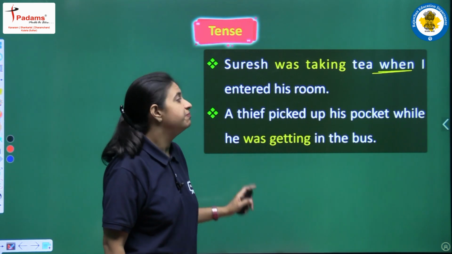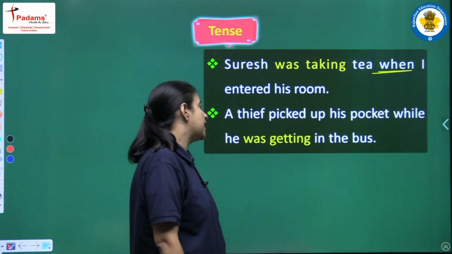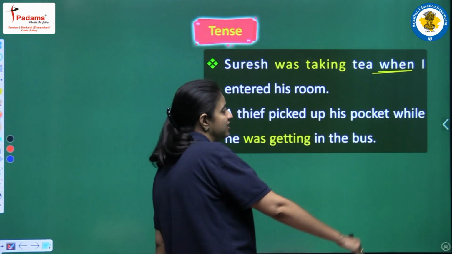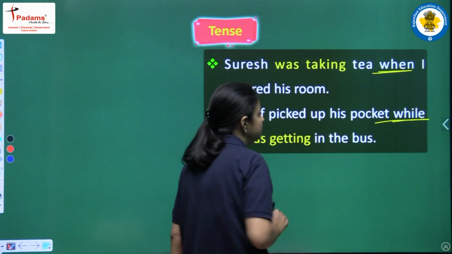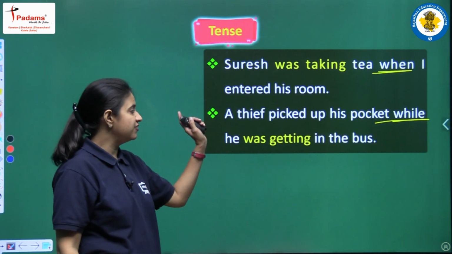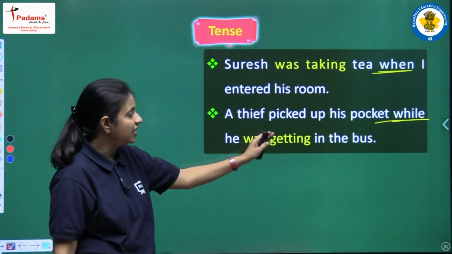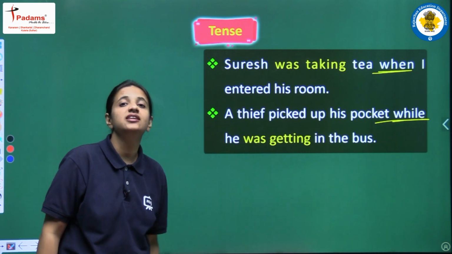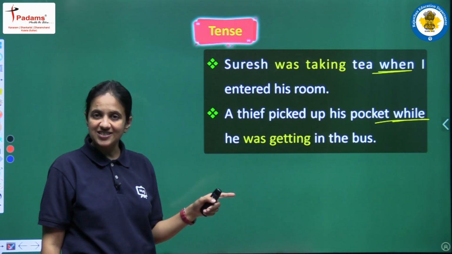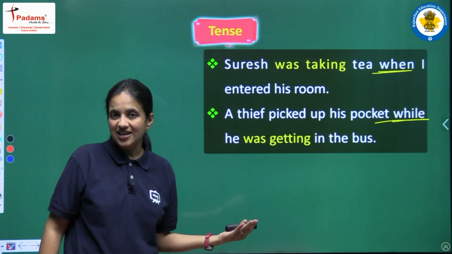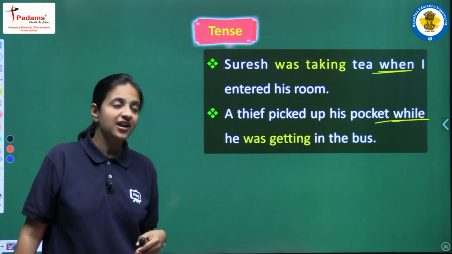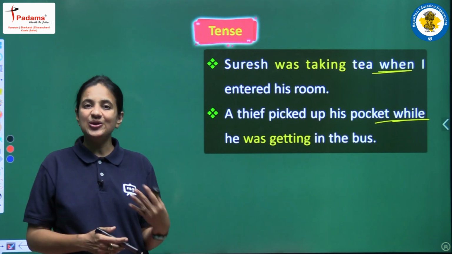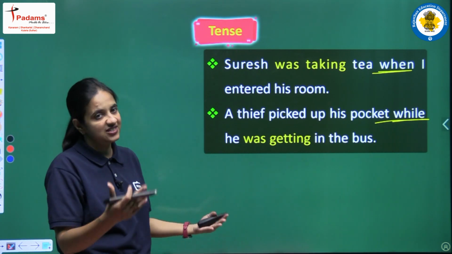Let's see one more example here. A thief picked up his pocket while he was getting in the bus. So here we have the conjunction while, and two clauses. The first clause is a thief picked up his pocket. The second clause is he was getting in the bus. So again two actions, two different clauses, two activities. One activity is in progress, one activity is going on, and the second action just took place.